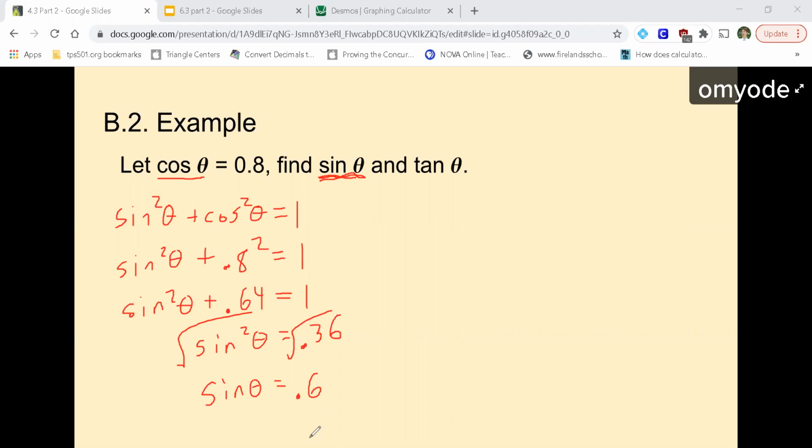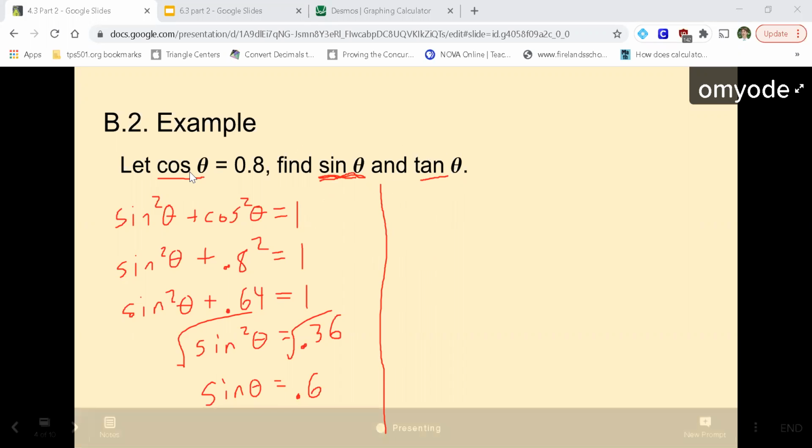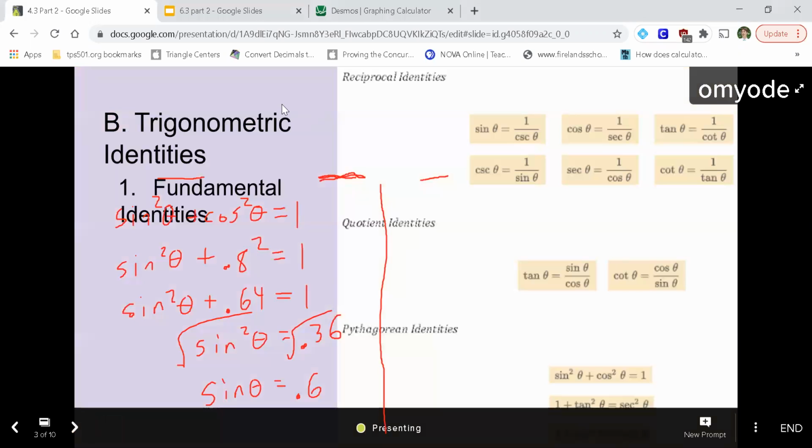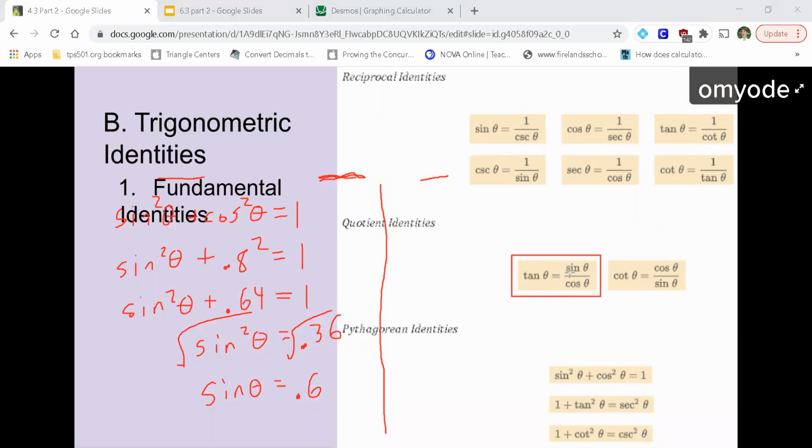All right, to find out what tangent is, again, a similar kind of thing. So what trig function relates tangent to cosine? And you'll see that's this one right here. In order to use this, we have to find out what sine is, but hey, we already did that.